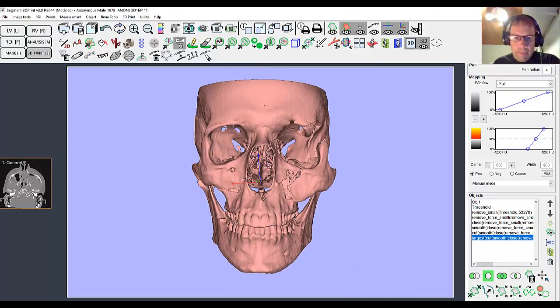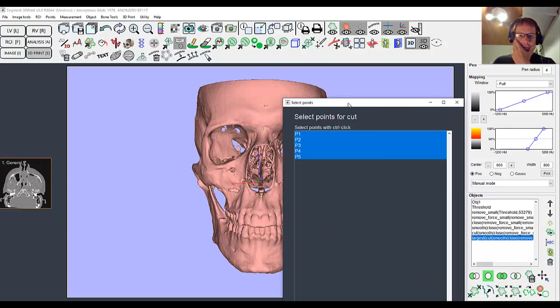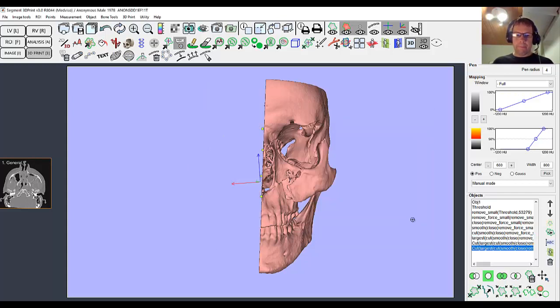And here. And then we want to make a cut in an oblique plane for these points. And we want to keep both right and left part. Okay, so this is our left part.